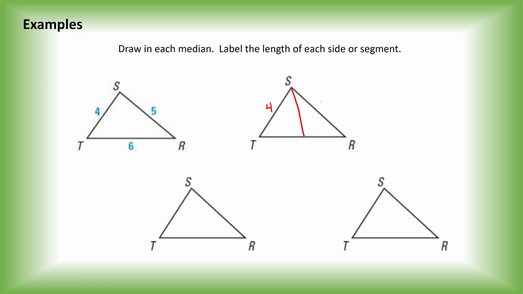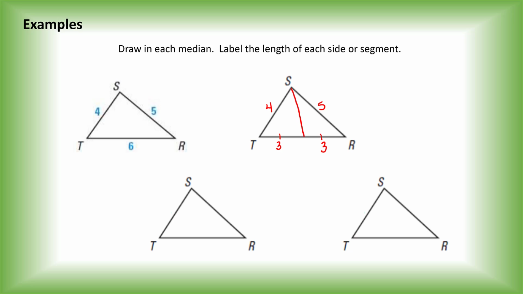SR would still be 5 because we did not change that side. But TR, we went to a midpoint, which means each side is congruent. So instead of saying TR is 6, we're going to talk about the left side is 3 and the right side is 3. So now the whole length is 6, but we've divided it into 2 equal pieces.